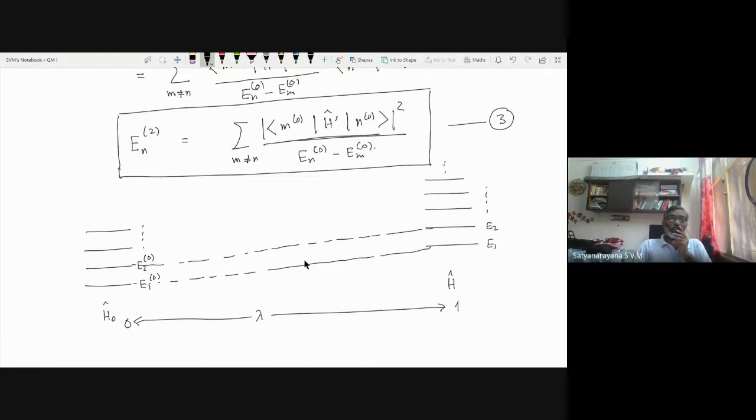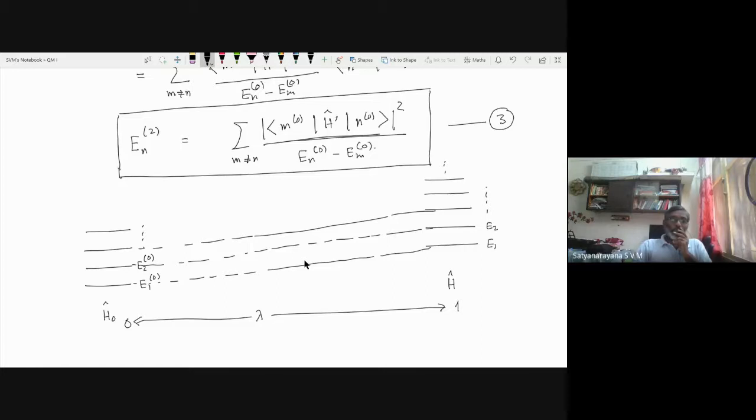This level will gradually go to this level. So there is a continuous deformation of these energies such that the energy value will continuously go from E1 0 to E1, E2 0 to E2, E3 0 to E3. This is what we are assuming happens.